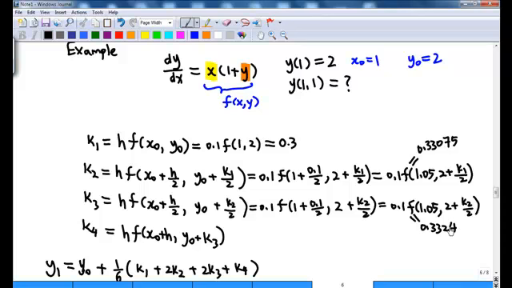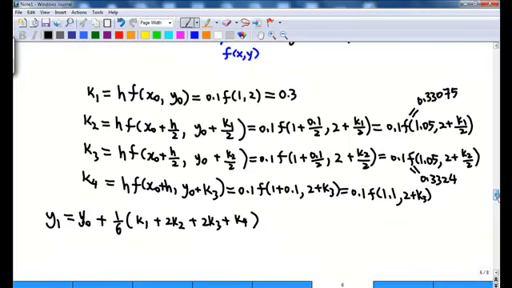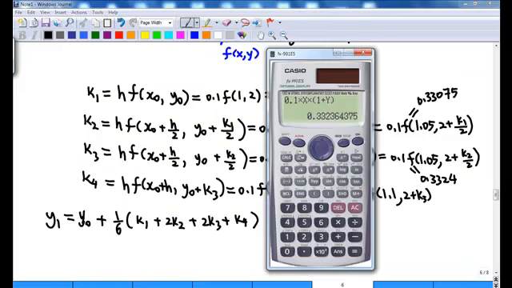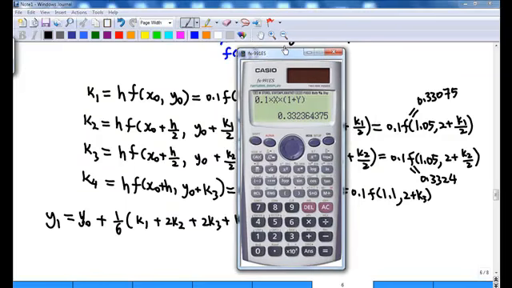And finally, K4 is equal to h, 0.1, times f of x0 plus h, which is 1.1, and y0, which is 2, plus K3. So this is 0.1 times f of 1.1 and 2 plus K3 as my y. So now I call up my calculator again. This time I'm going to press calculate again.